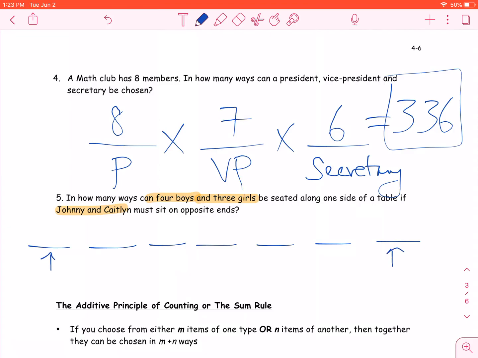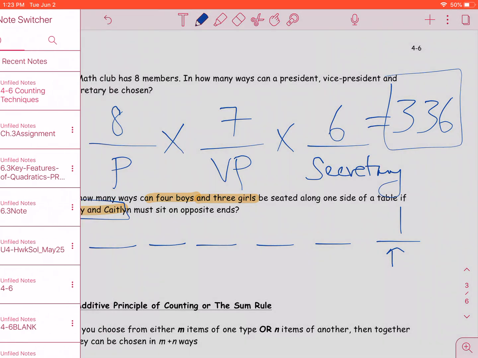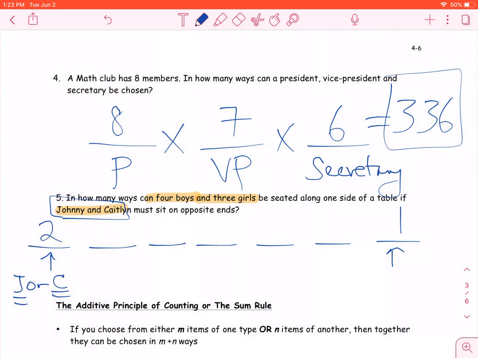That's either going to be J or C. We have 2 options in our first position, and if J is chosen, then Caitlin is going to be at the very end. Similarly, if Caitlin is chosen for the front of the line, then Johnny will be at the end.